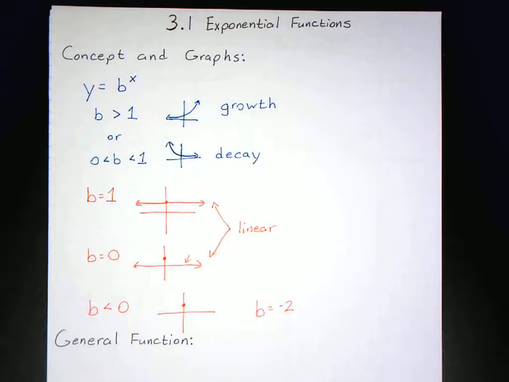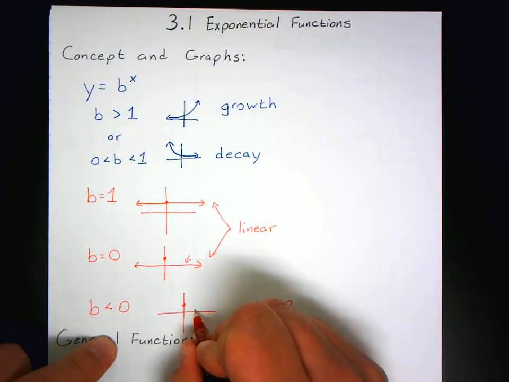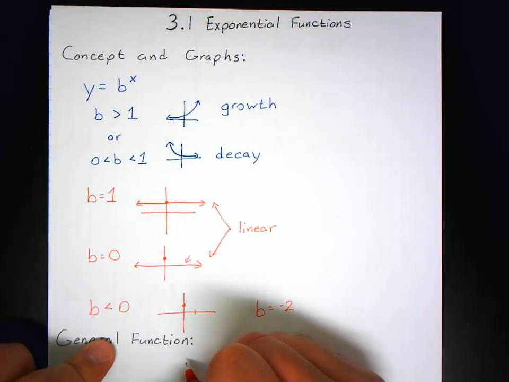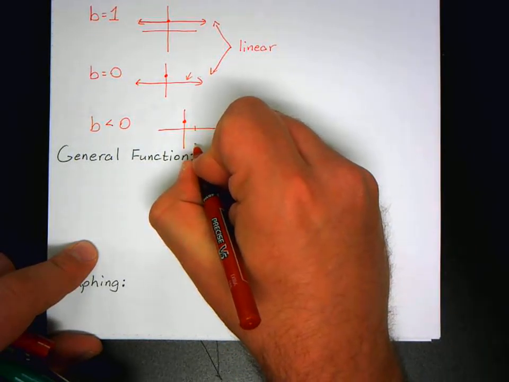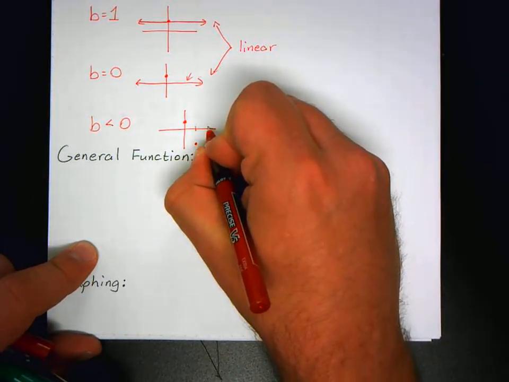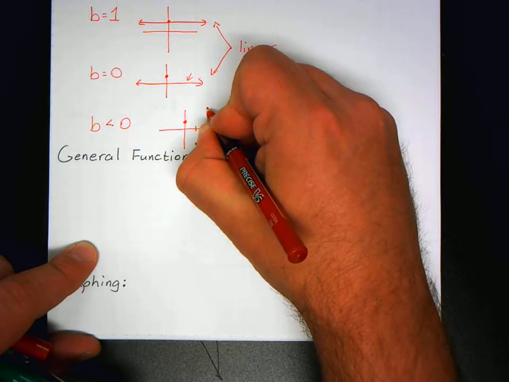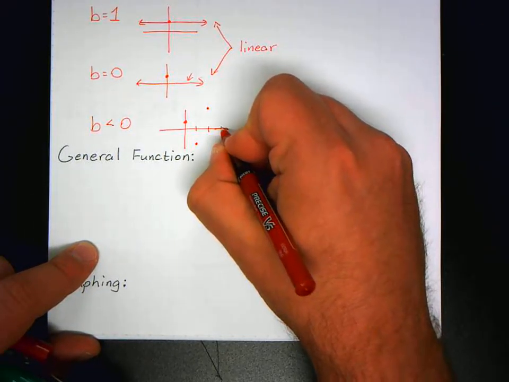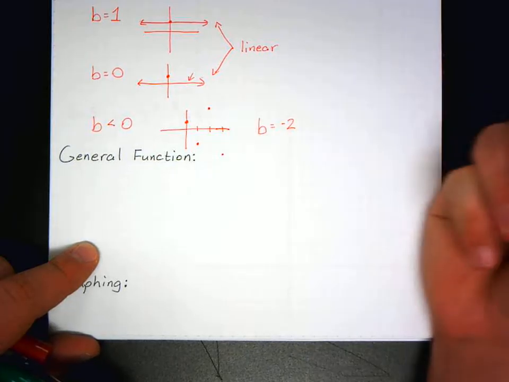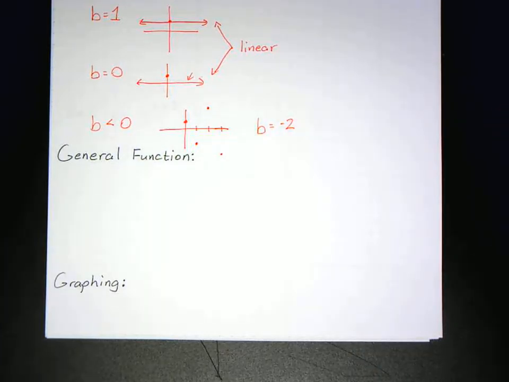Okay, but that question aside, let's go back to this. All right, so -2 to the 1 power, what's that going to be? -2, so it's down here someplace. Okay, what's -2 squared? 4. Well, what's -2 cubed? -8. -2 to the 4th. So you would think that we start having a zigzag, right?